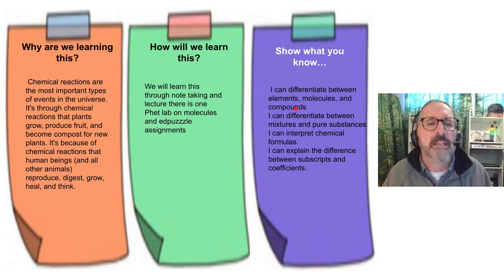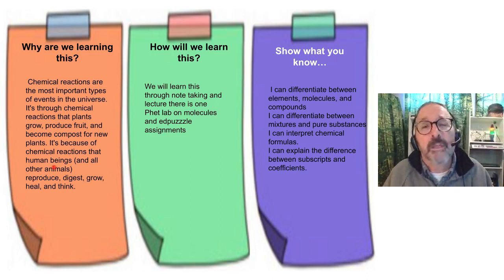We're going to first take a look at pictures here, right? Then we can tell the difference between mixtures and pure substances. Then we're going to look into chemical formulas and explain the difference between subscripts and coefficients. And then we're going to count atoms, which is part of the idea of conservation of matter.